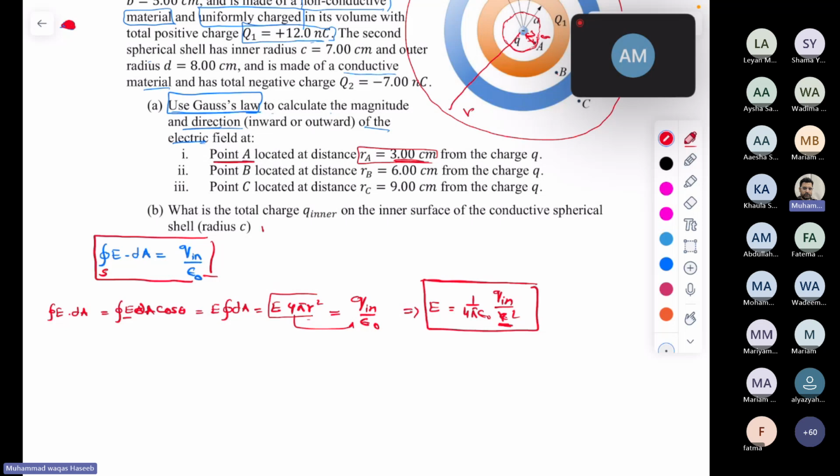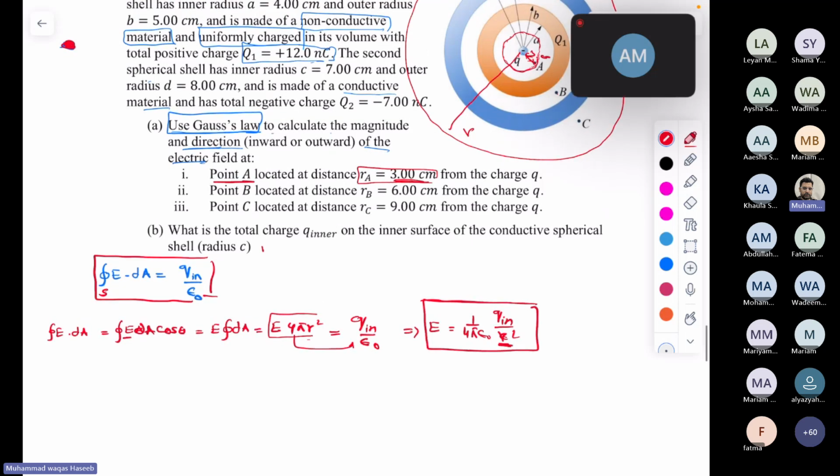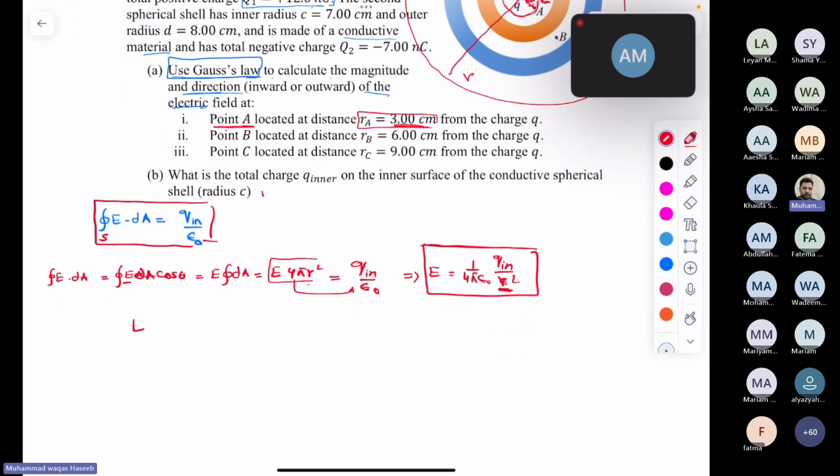Now what is the electric field at point A? Point A is located at a distance from the charge Q. So we have the electric field E equals K Q in divided by RA squared, where K is 1 over 4 pi epsilon naught, which is 9 into 10 to the power 9. What is Q inside?